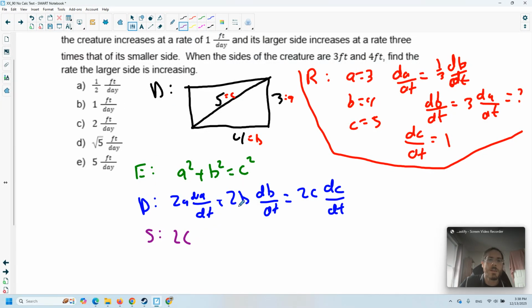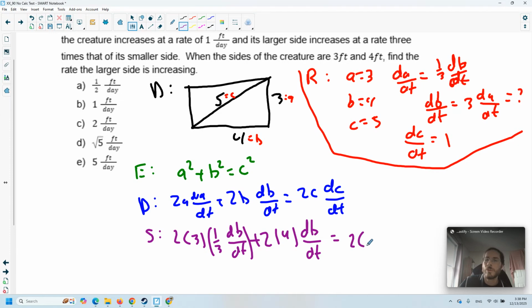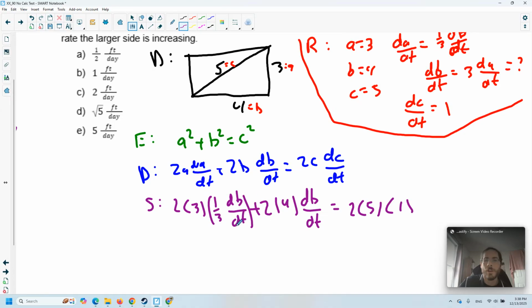So 2 times a, where a is 3, times dA/dt, which is 1/3 dB/dt, plus 2 times b, where b is 4, times dB/dt. Remember, we're trying to find dB/dt, so we want to keep dB/dt in the equation, equals 2 times c times dC/dt.